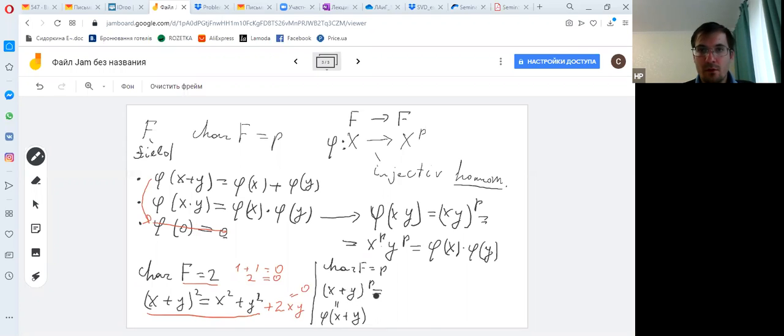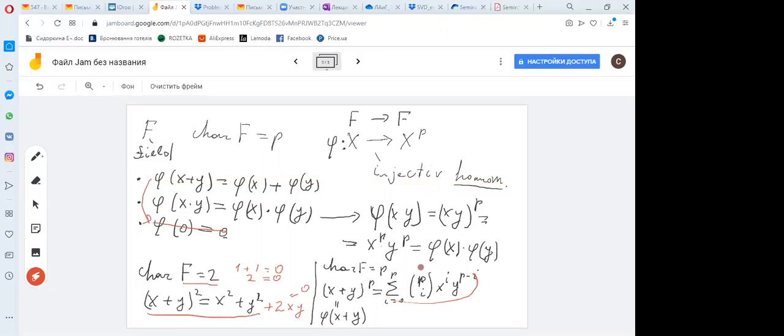Do you know the binomial formula? This is the sum from i equals 0 to p, binomial coefficient p over i, x in power i, y in power p minus i. Do you know such a formula?